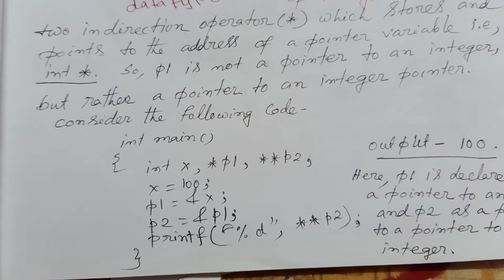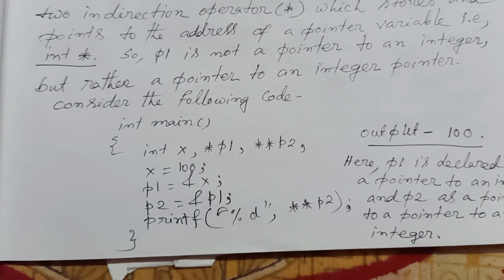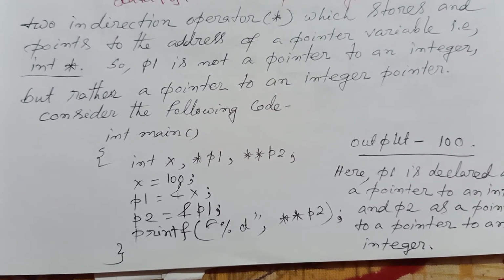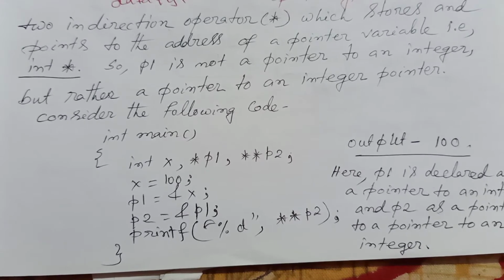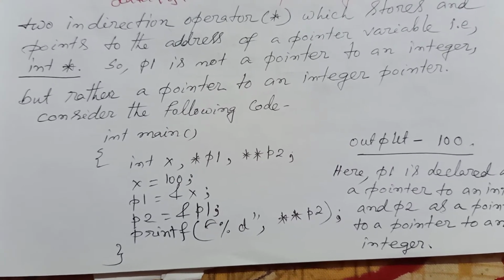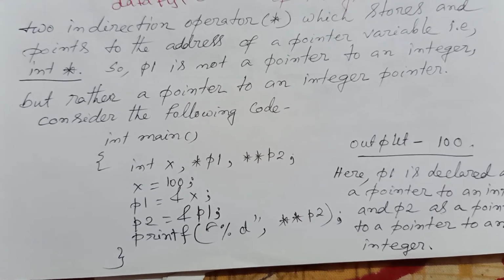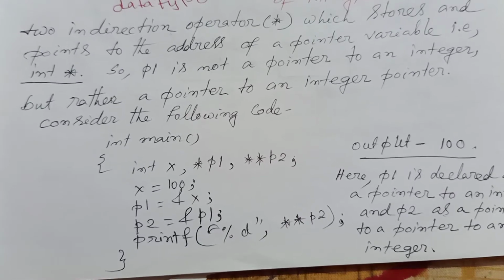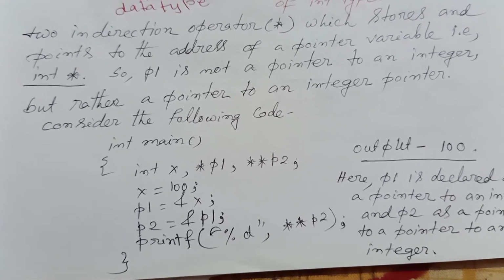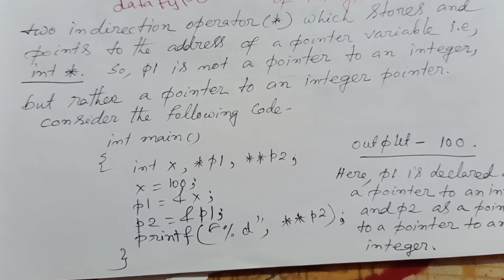Now consider the following code. Start with int main, then we declare int x, pointer *P1, comma, double pointer **P2, and x equal to 100 is assigned. P1 equal to &x, that means P1 contains the address of x. P2 equal to &P1, that means P2 contains the address of P1.